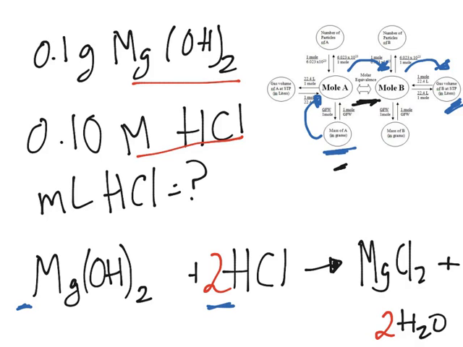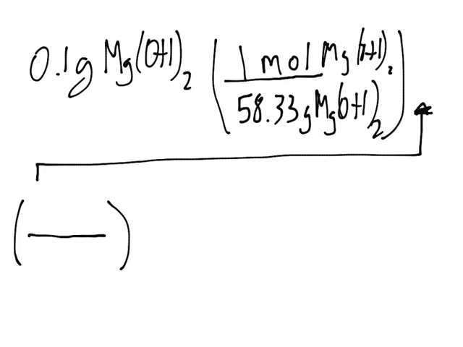So that means that we'll write that factor: 1 mole of magnesium hydroxide for every 2 moles of hydrogen chloride.